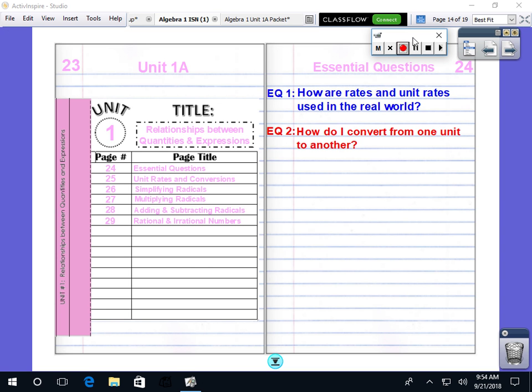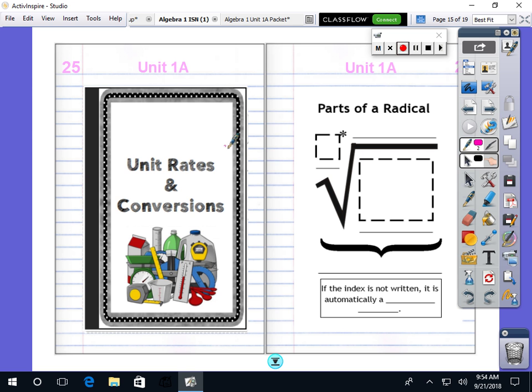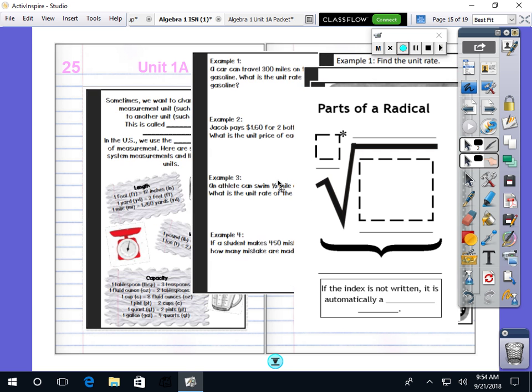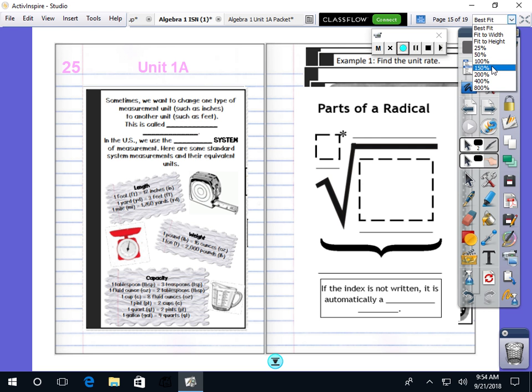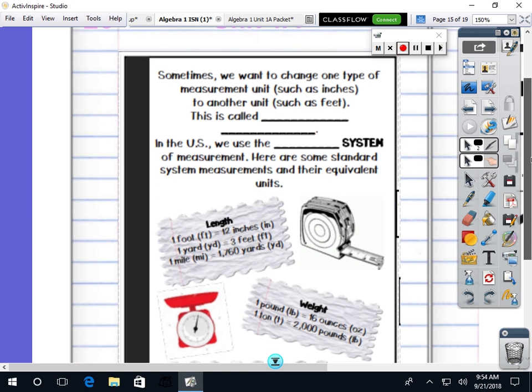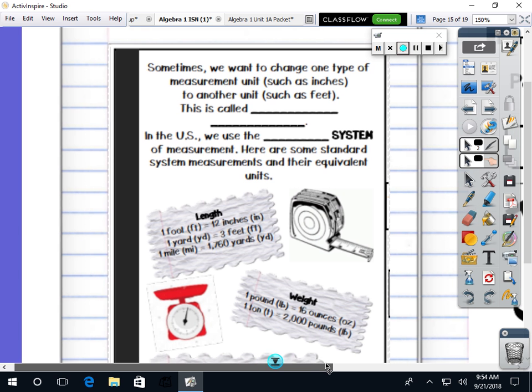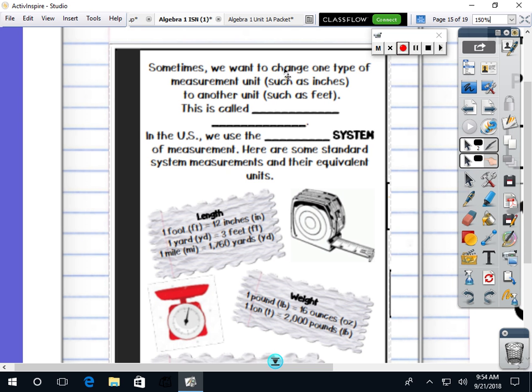Okay, so today we're going to be learning about how do I convert from one unit to another. All right, sometimes we want to change one type of measurement unit to another, such as converting inches to feet, and this is called converting measurements.